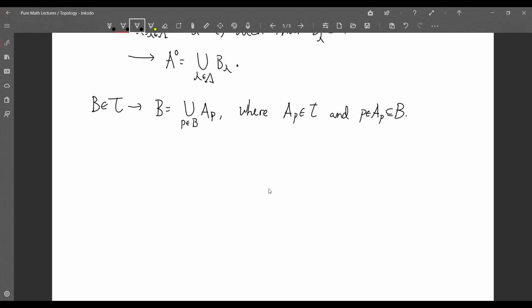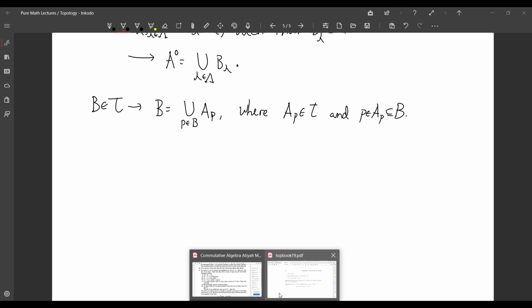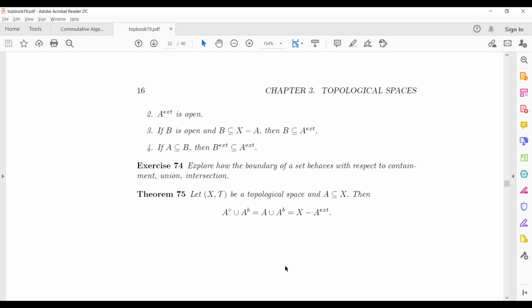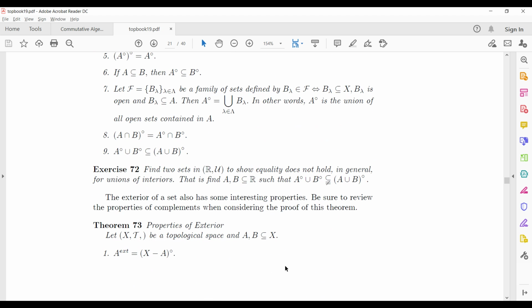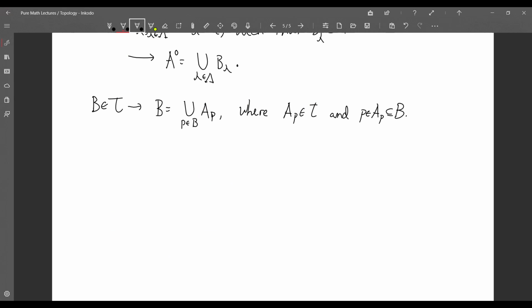The last couple of properties in this section deal with interiors and how they relate to intersections and unions. Let me check. I think I wrote this wrong. Sorry, my paper. The interior of an intersection is the intersection of the interiors.